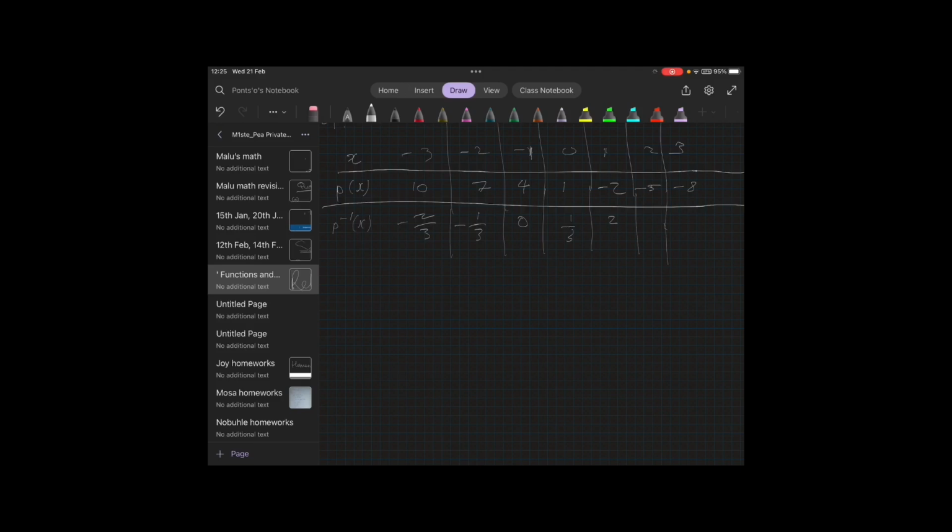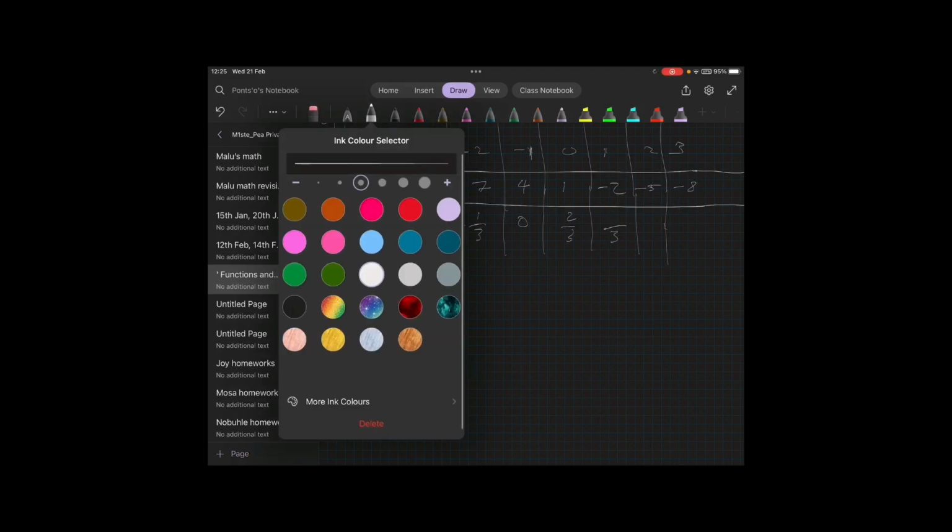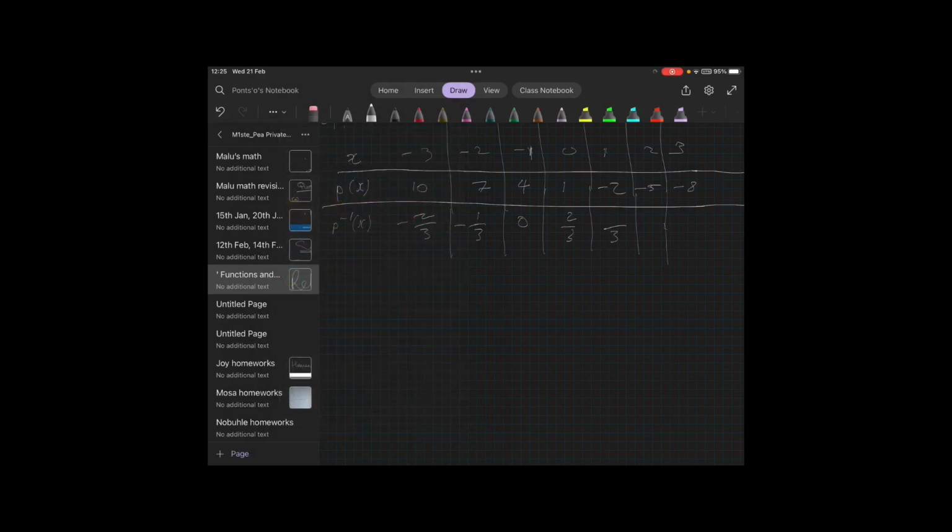When x is 1, it's 2 over 3. Okay, cool. And when x is 0? 1 over 3.